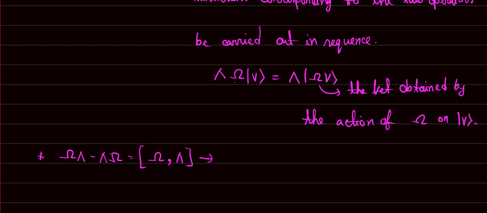This is called a commutator of omega and lambda.